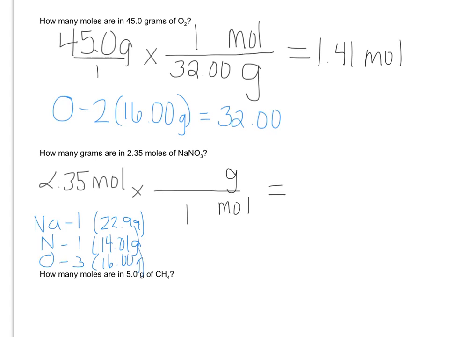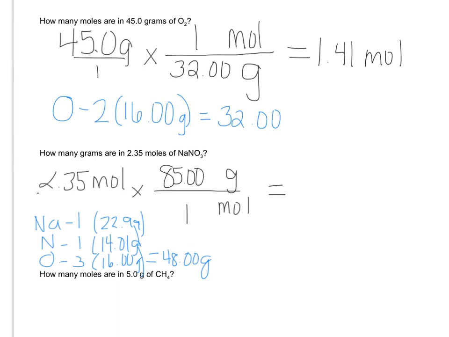So the only one we really have to do any work with is the oxygen. We multiply 16.00 by 3 and we end up with 48.00 grams. And so to find the gram formula mass, we're going to take 22.99 plus 14.01 plus 48, and we end up with a gram formula mass of 85.00 grams.